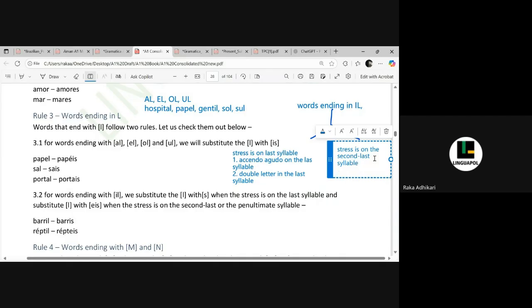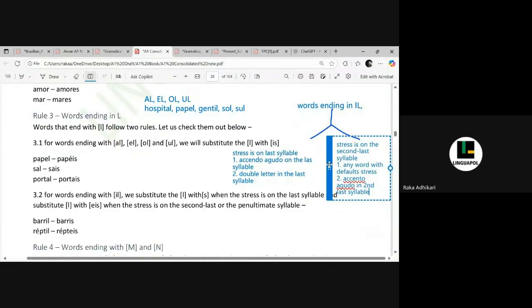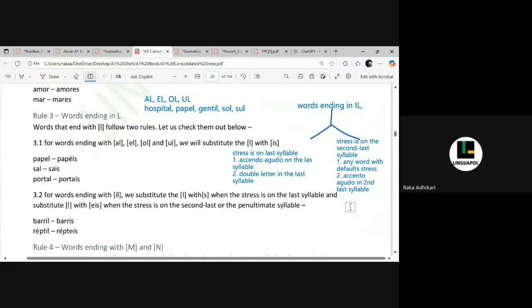So this can come under two situations. Any word with default stress, or secondly, if we have acento agudo in the second last syllable. In these two situations, we will have stress on the second last syllable.